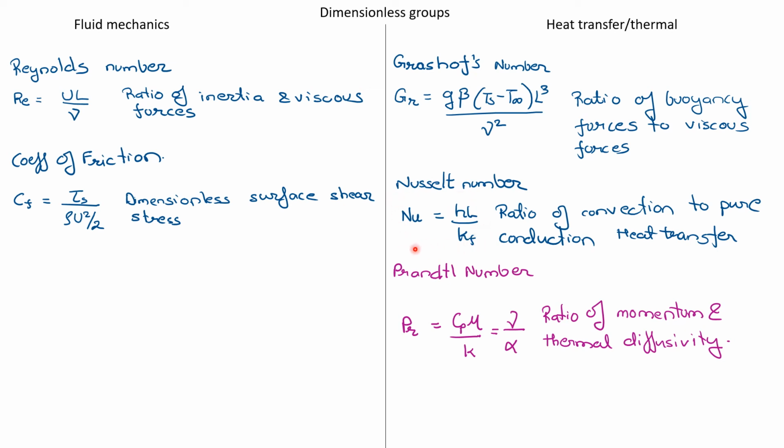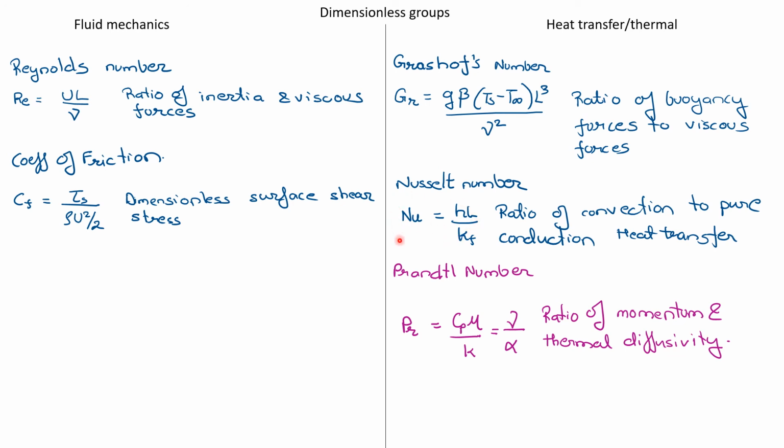The definition of the Nusselt number is hL by Kf, where h is the heat transfer coefficient of the fluid, L is the characteristic length, so it might be the length of a pipe or length of a plate, whatever characteristic length is given, divided by Kf. Kf here is the thermal conductivity of the fluid and not the solid. So h and Kf are the heat transfer coefficient and thermal conductivity of the fluid.